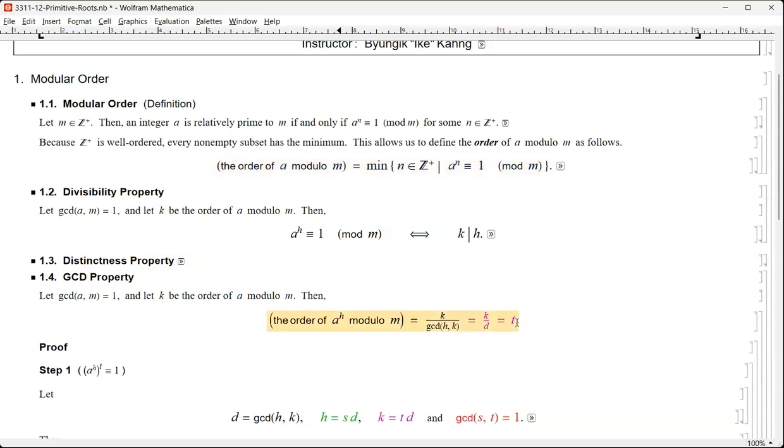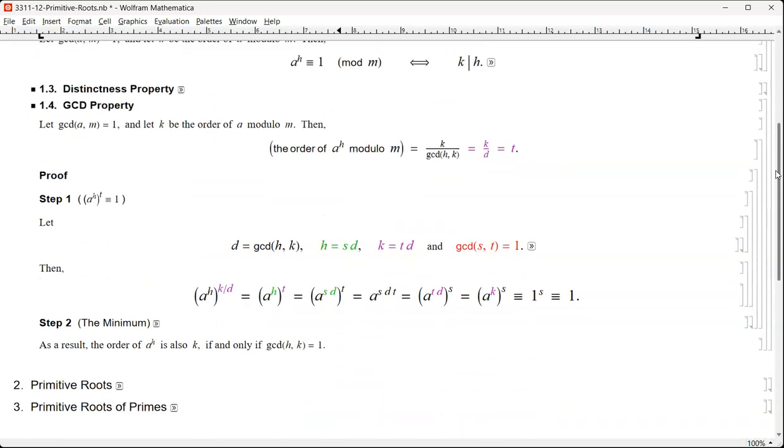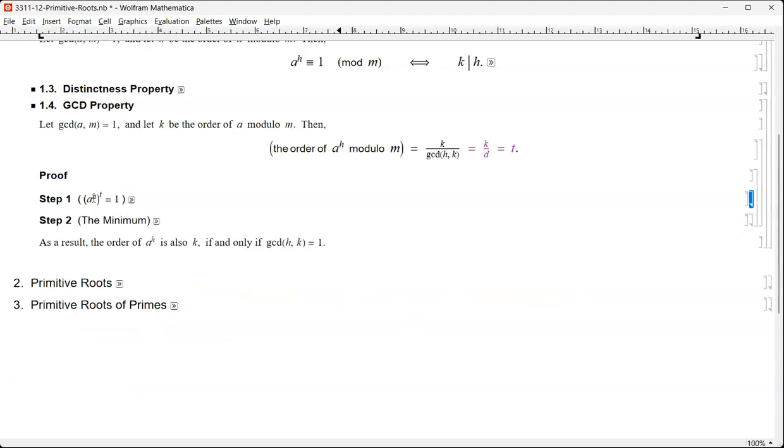T is the target order of A modulo M. So it must belong to this set, and it must be the smallest element. We just check that it belongs to this set. A to the T power is 1. That much we are done. So step 1 is complete. A to the H power to the T power is 1.